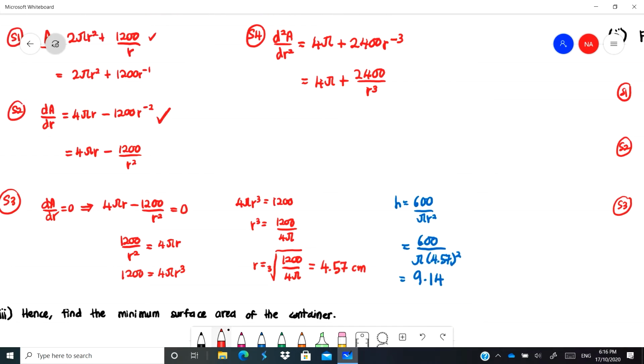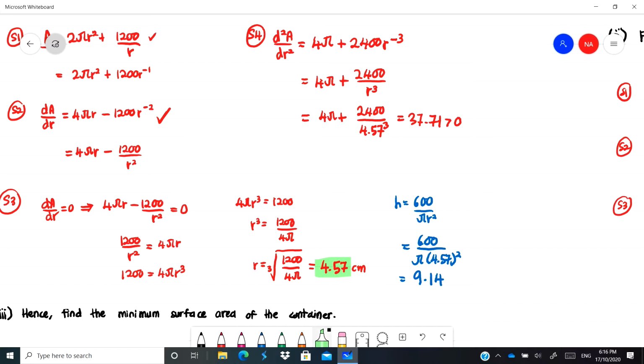So we already have the value of r, which is given by 4.57 here. So we want to substitute into this formula. Alright, so we'll get 4 pi plus 2400 divided by 4.57 to the power of 3. Pressing our calculator, we'll get 37.71, which is greater than 0.